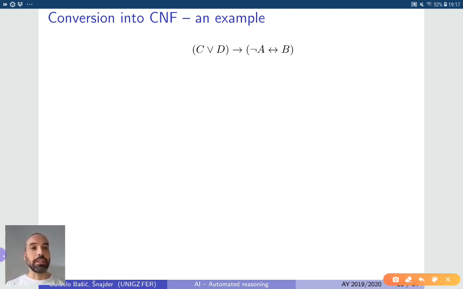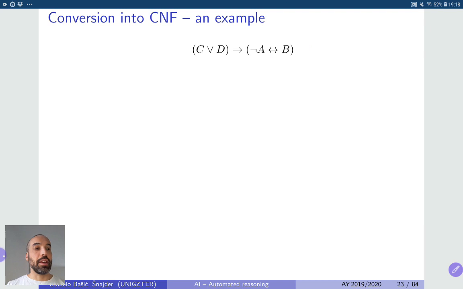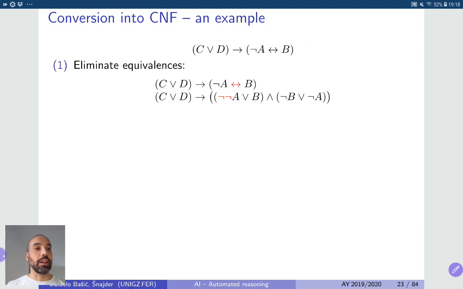So the example asks us to convert into the clausal form this formula. The formula is obviously not in a conjunctive normal form. There's an equivalence here, implication as well. So let's see what we can do about this. The first step is to eliminate the equivalence by replacing it with an equivalent expression.